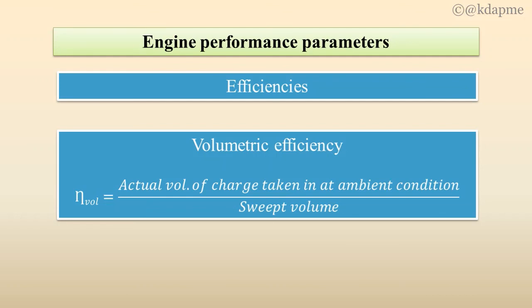The charge means the volume taken during suction in ambient condition. Swept volume is the volume swept by the piston when it moves from TDC to BDC or BDC to TDC.